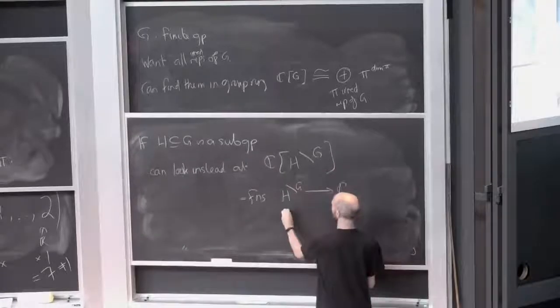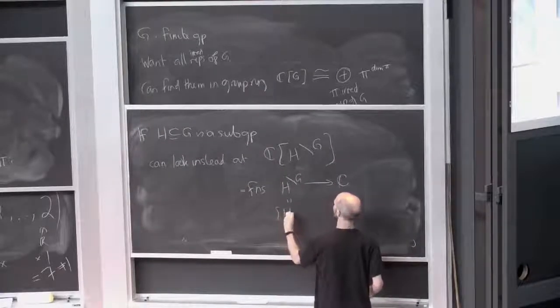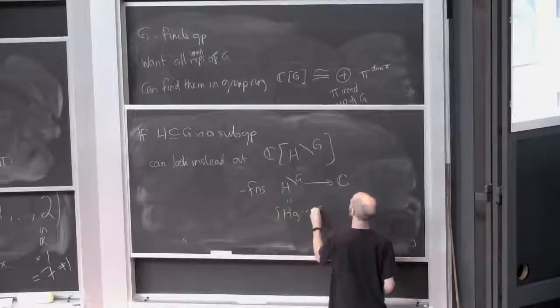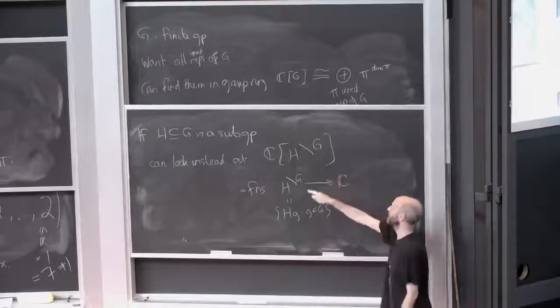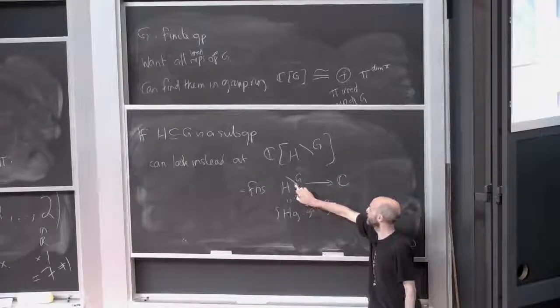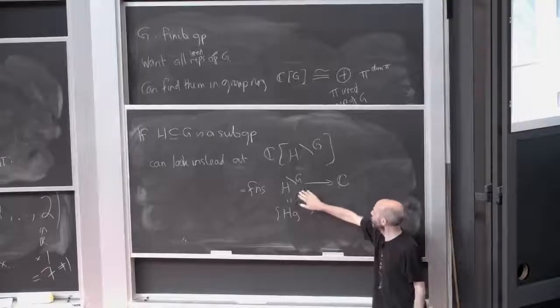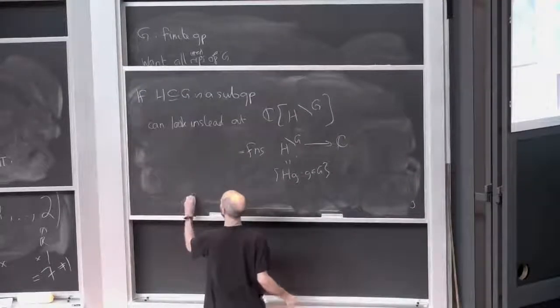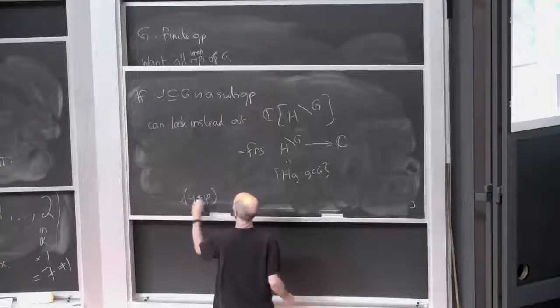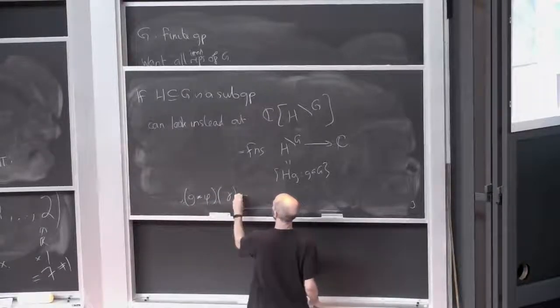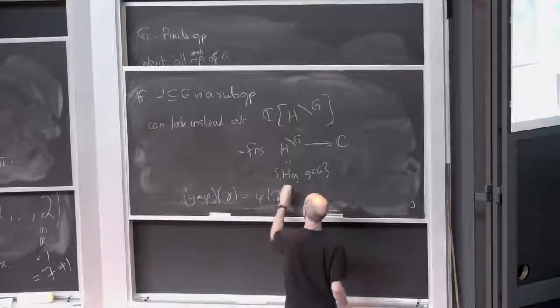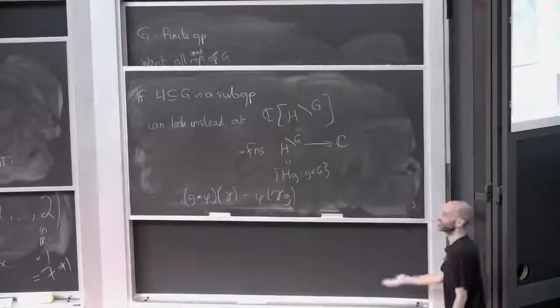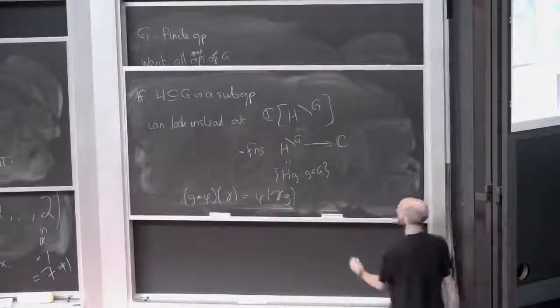So H mod G is by definition the set of cosets, right? H g for g in G. So H is a random subgroup. We look at this quotient set. We could look at all the functions from H mod G to C, you see, and we could define g star phi of gamma to be phi of gamma g, right? And now you have to do some exercise to check that this is well defined.